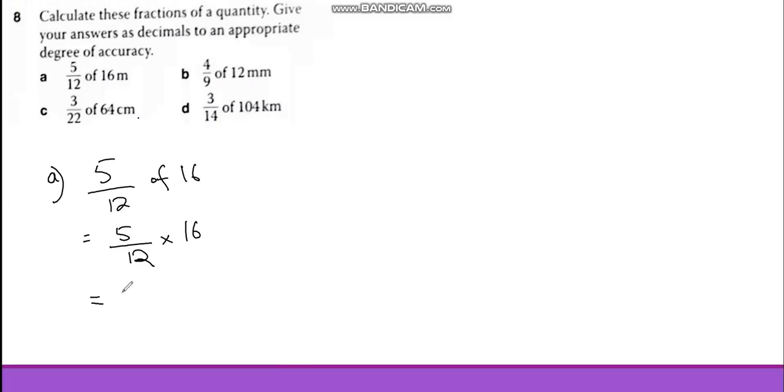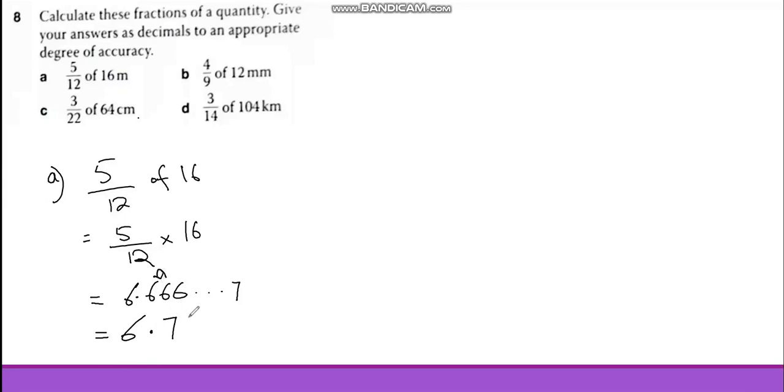If we calculate it, we get 6.666, with the 6 repeating, and then we have 7. But we can definitely round off this answer because 6 is repeated so many times. We can give our answer to the first decimal place, so if we round off, we get 7 there. We have basically rounded to the 10th digit.